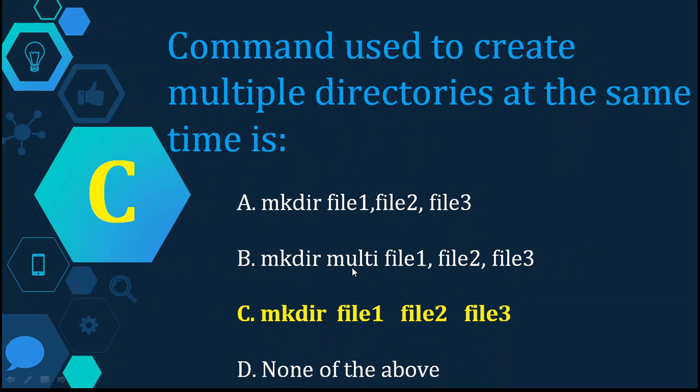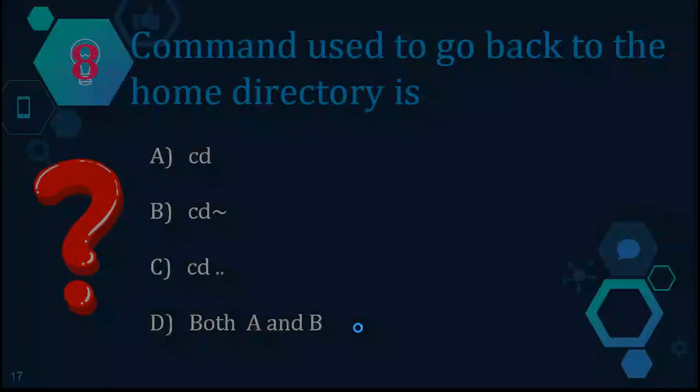It is saying that if you have to create multiple files, then you write multi, so this is also the wrong way of writing it. So clearly, you use the mkdir command, which is used to create a directory, and with spaces you write the names of the directories, file1 space file2 space file3. In this way, all three will be created simultaneously.